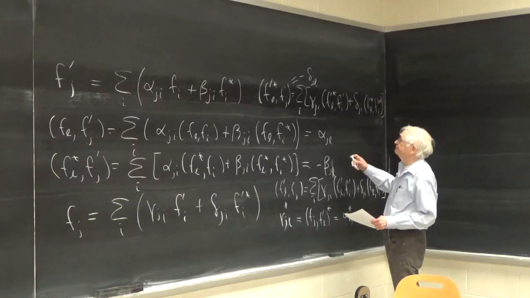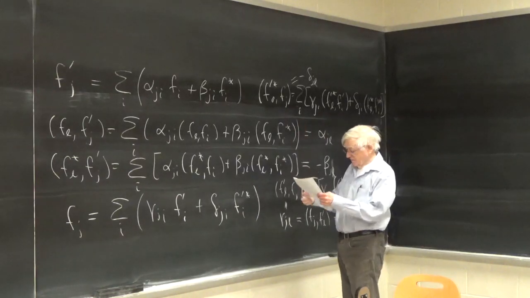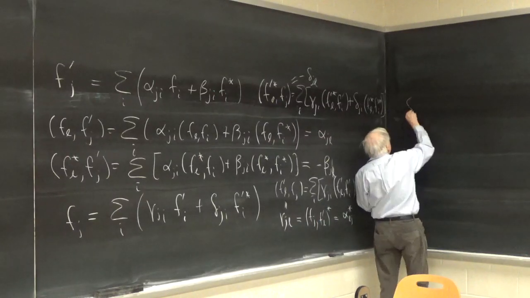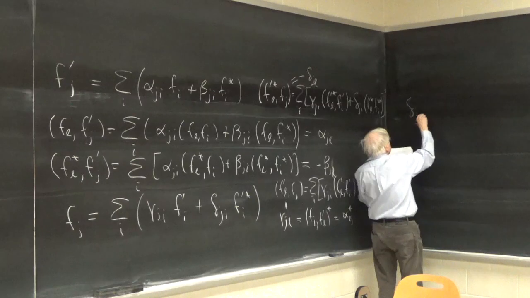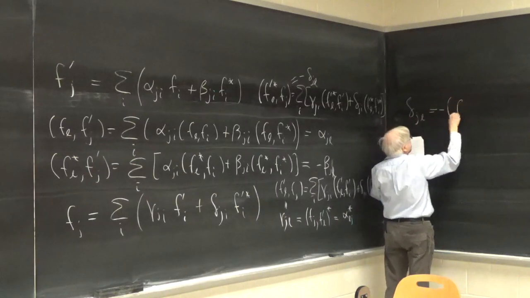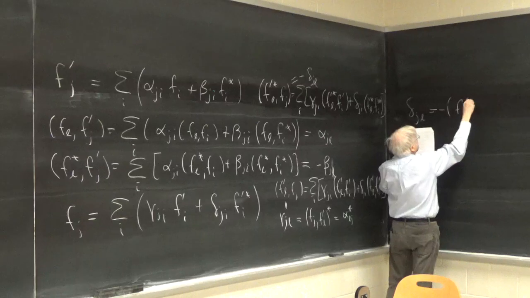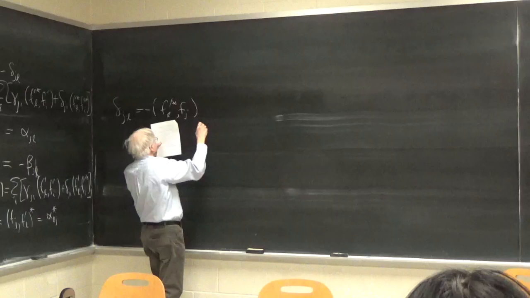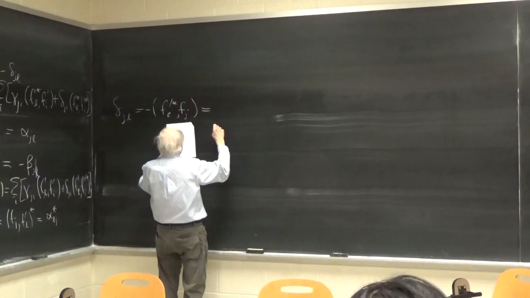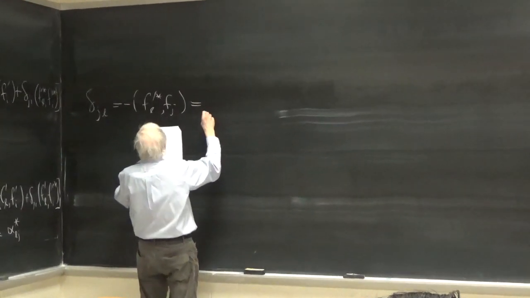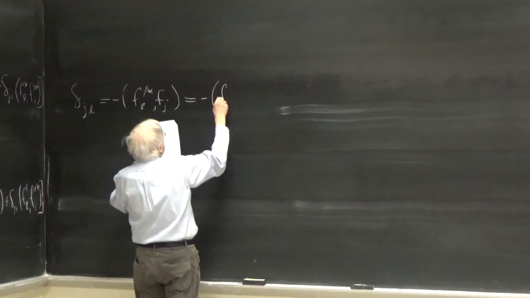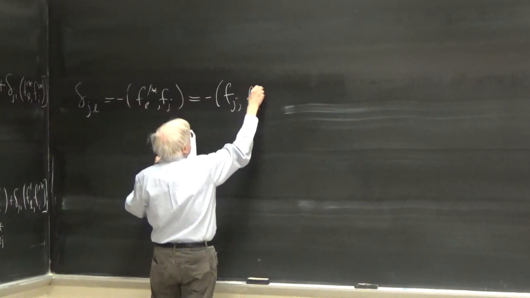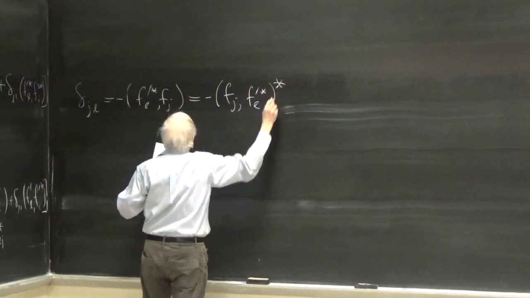The other term requires a little more work, namely delta. What we found was that delta JL was minus F prime L star FJ, and this is minus FJ FL prime star complex conjugate.